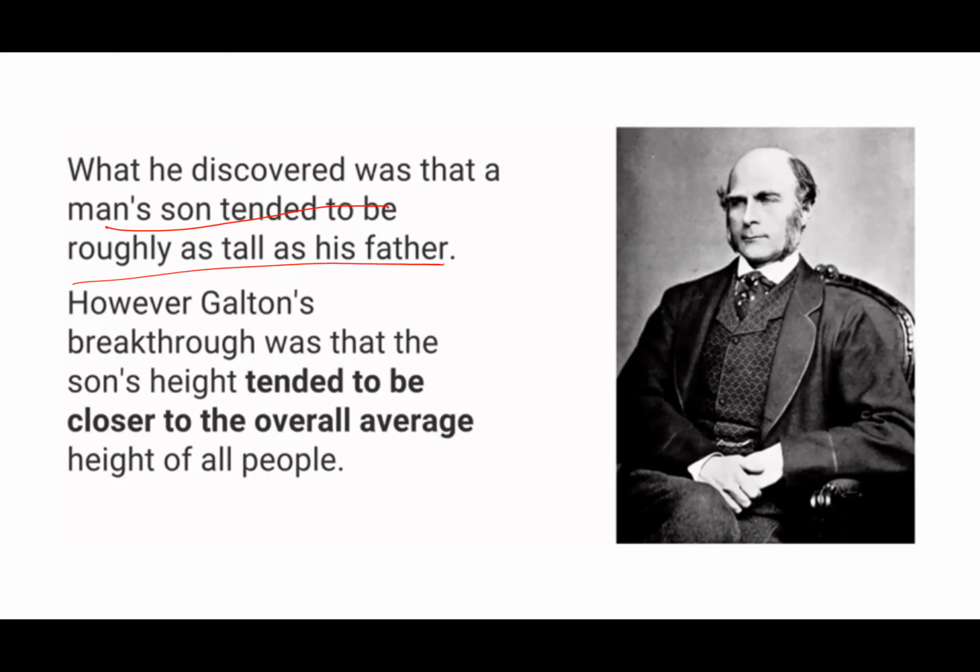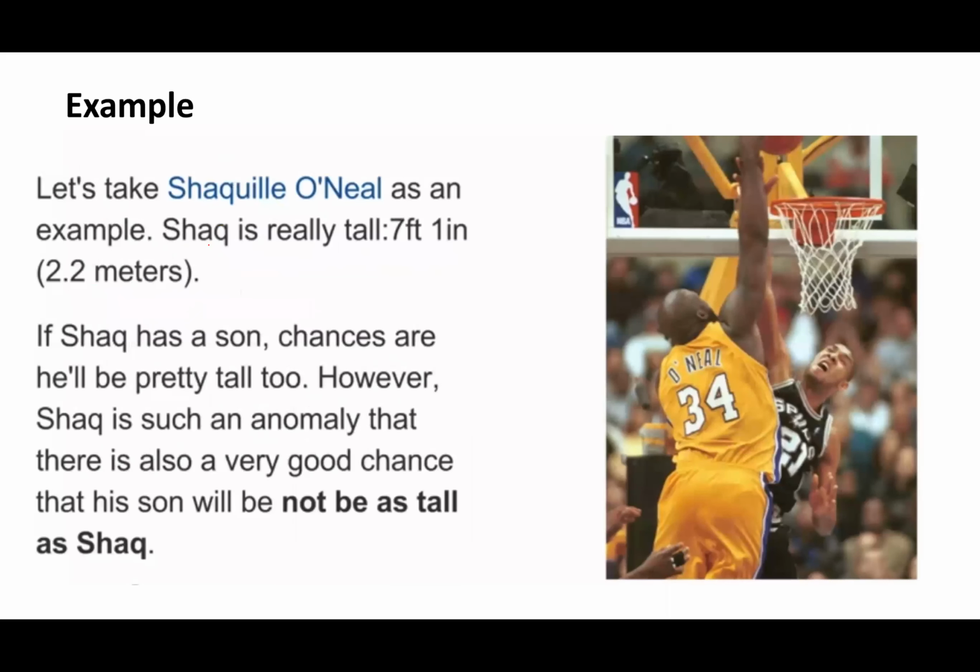But in some special cases, he found out that the father was extremely tall. For example, a basketball player, Shaquille O'Neal. Maybe if you follow basketball, you would know him, right? He is 7 feet 1 inch tall. He's taller than Amitabh Bachchan and he's very huge, right? 2.2 meters.